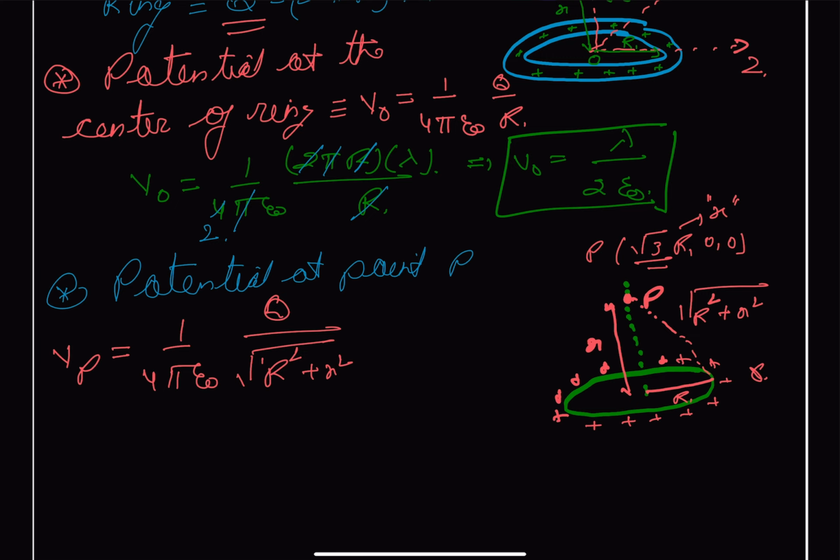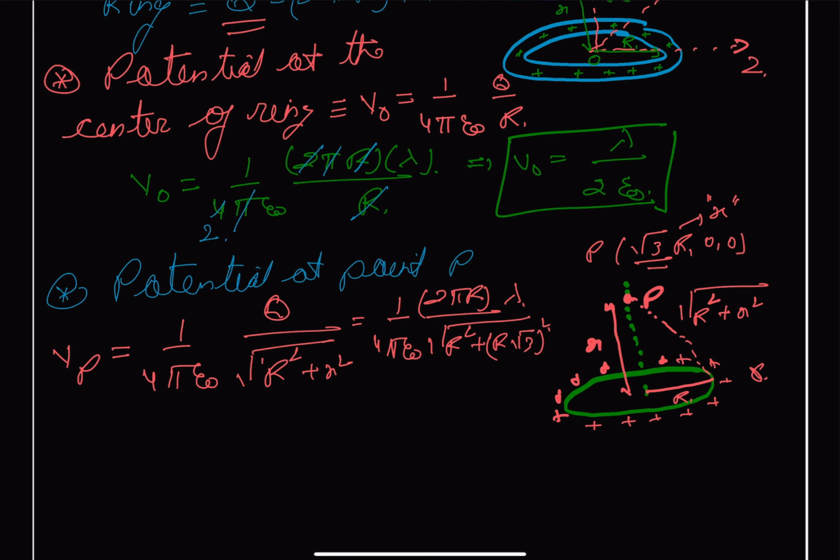We already know q, and we also know the value of x, so we substitute it, we get 1 upon 4 pi epsilon naught. Q is 2 pi r multiplied by lambda, and we get the square root of r square plus, we have r root 3 whole square.